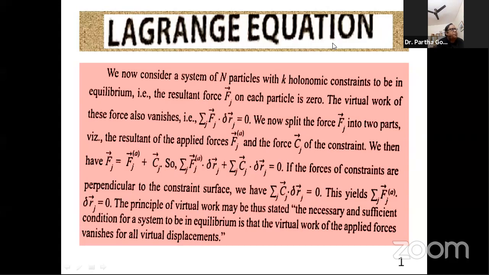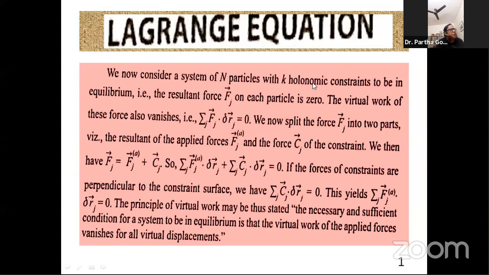So we have, for virtual displacement delta Rj, Fj a dot delta Rj plus Cj dot delta Rj, where the sum is taken over all j's, and this is equal to 0. We always choose constraint forces such that, because virtual displacement is something which we are producing off the cuff, I may always take constraint forces and virtual displacement to be perpendicular to each other.